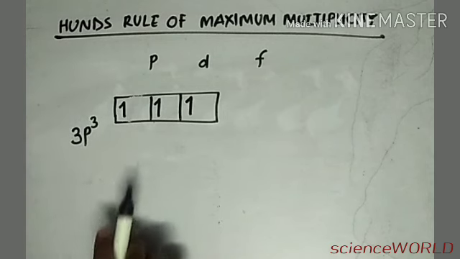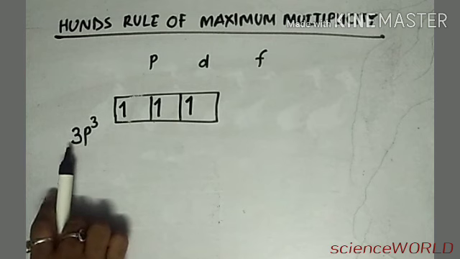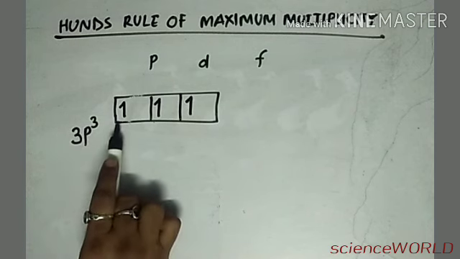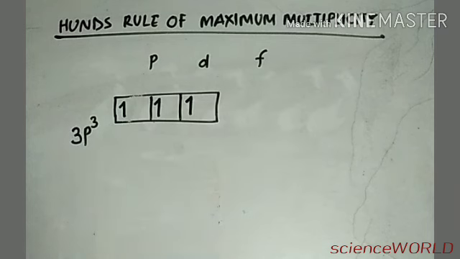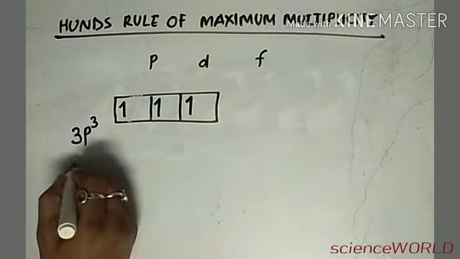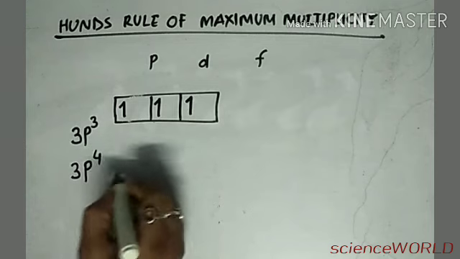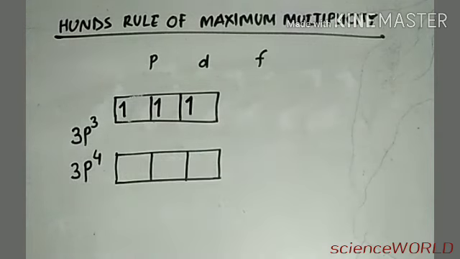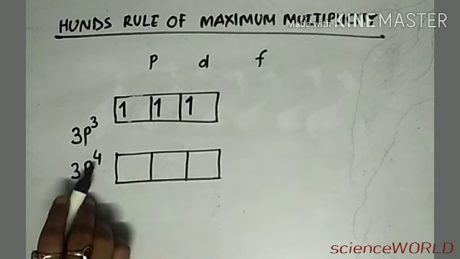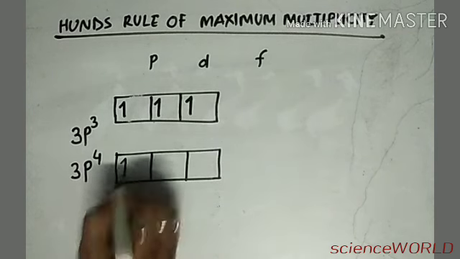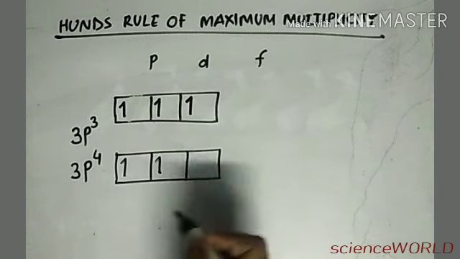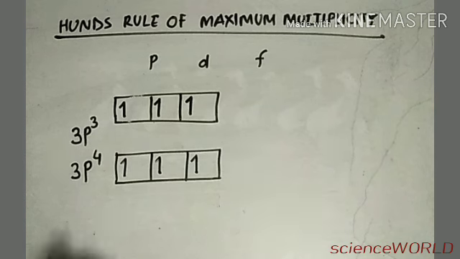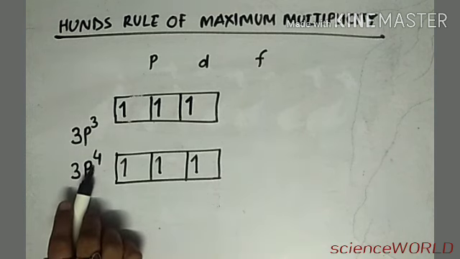So in 3p3, we enter one electron in each orbital first, right? Let's see if we have 3p4, then how to fill the orbitals. First of all, we have 4 electrons. The first electron comes in the first one, next in the next, and the third in the third orbital. Now we have the 4th electron. Then you can go for pairing.